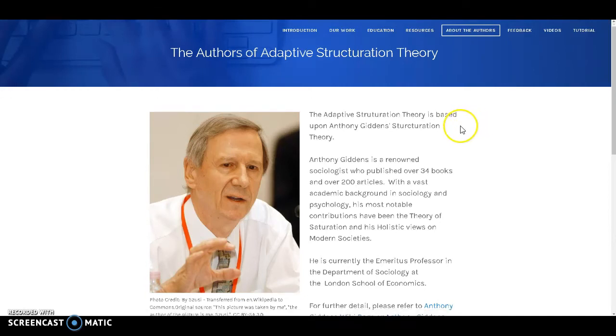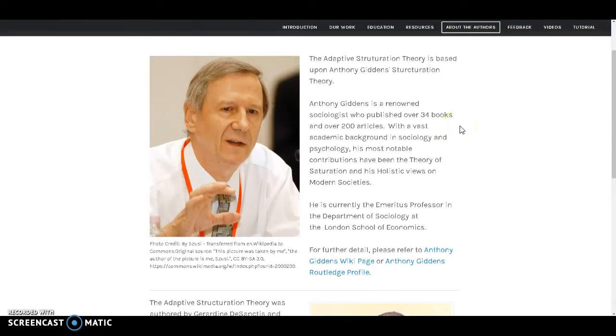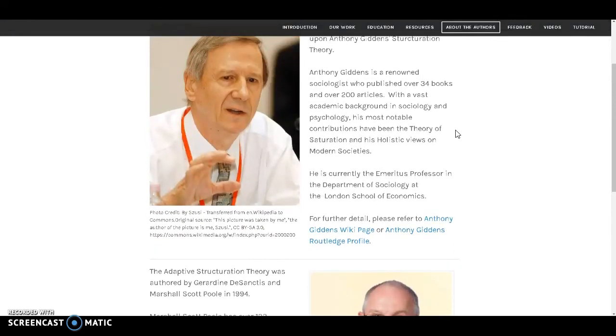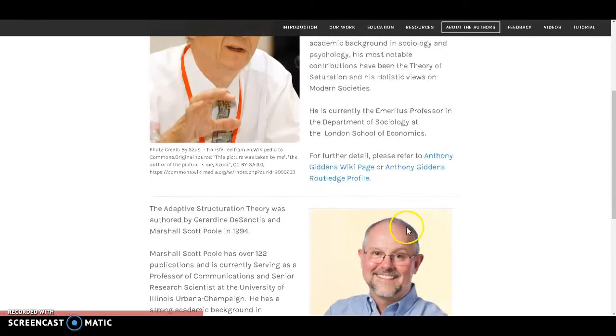Anthony Giddens is a renowned sociologist who's also very politically involved in the UK. Currently, he's working at the London School of Economics. To gain further information about his profile, you can easily access his wiki page or his Routledge profile. Both links have been provided on this page.